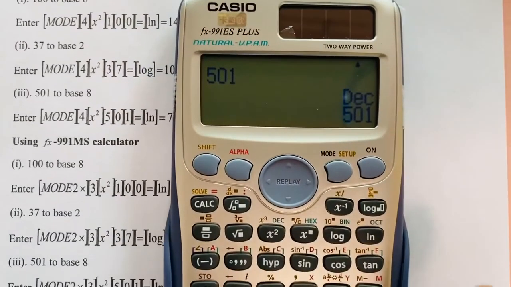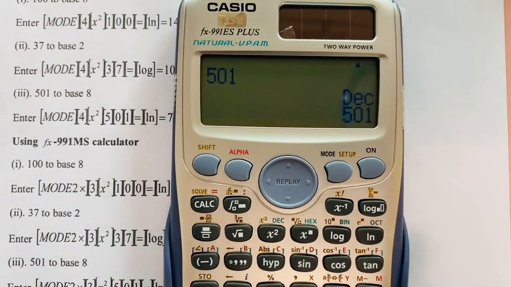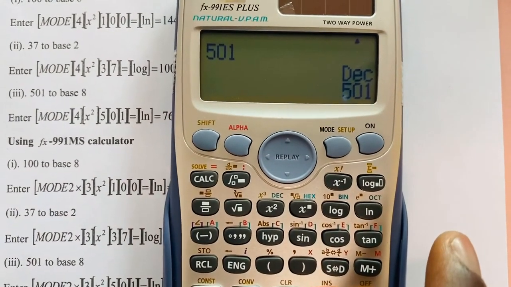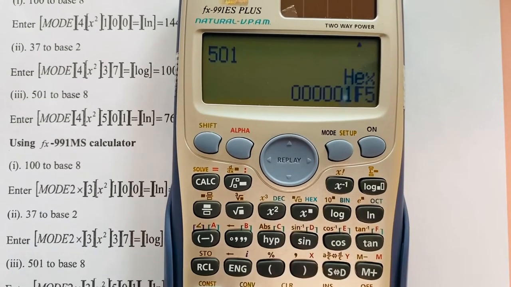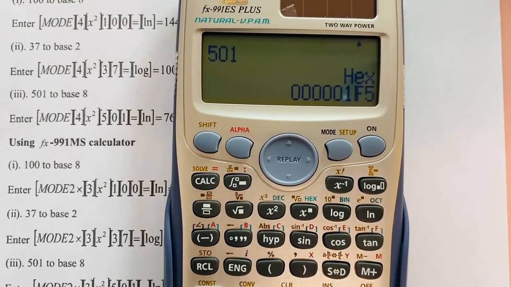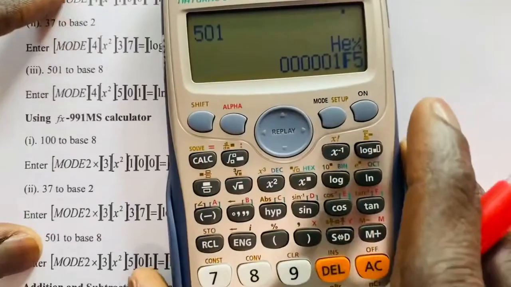Then we are changing this to base 16, and we get to explain something here. So now we look for hexadecimal, which is base 16 here, and you will press on it. Now you can see we have 1F5.